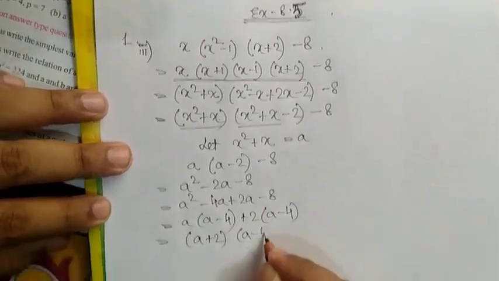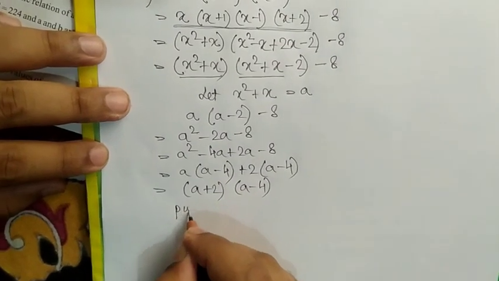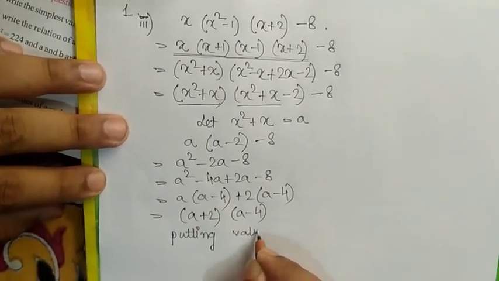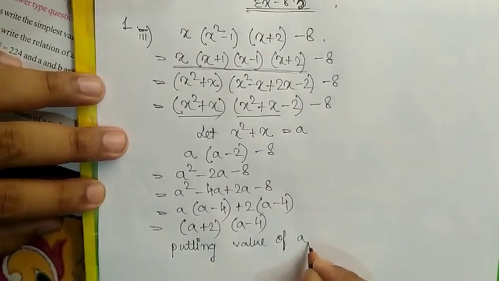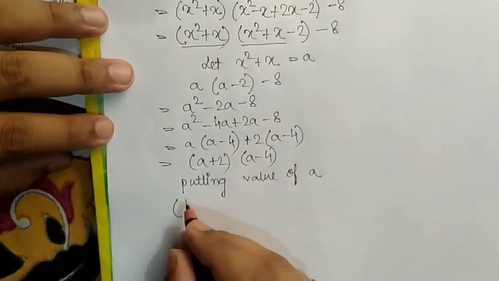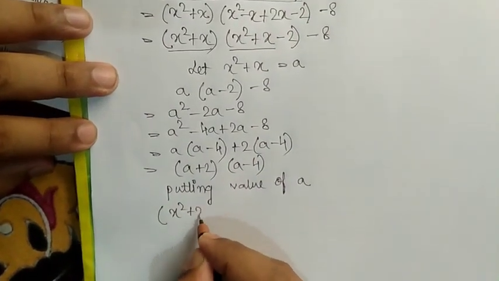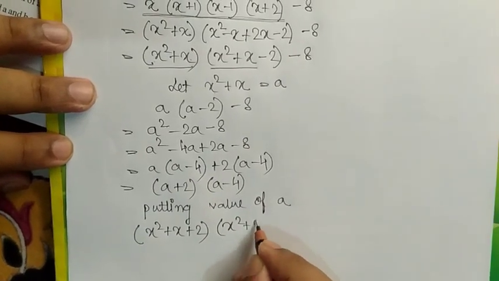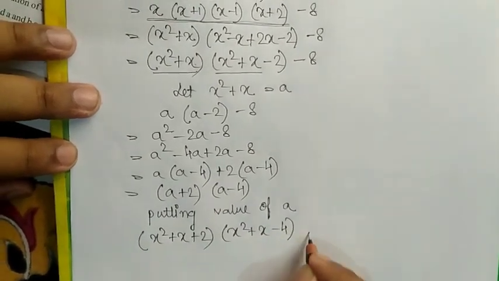After that, putting the value of a, we get a is x square plus x, therefore (x square plus x plus 2)(x square plus x minus 4). This is the answer.